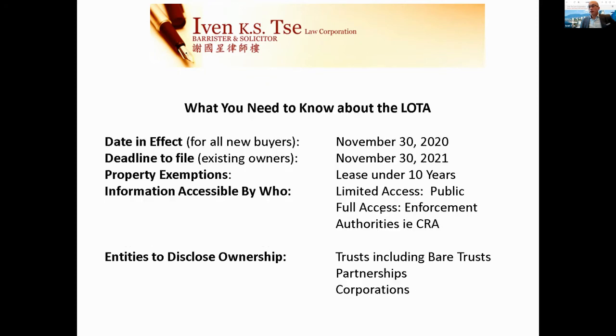And something to note, the Landowner Transparency Act came into effect a couple of days ago. For existing owners, and for every new owner or purchaser or anyone getting on title to the land where a property transfer tax form has to be filled out, all this information has to be put in. The deadline to file for people who own properties now, who already owned before November 30th, is that they have 1 year to register.